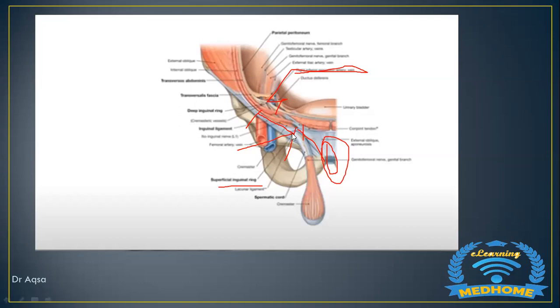On the anterior side, it is formed by the aponeurosis of the external oblique and the internal oblique muscle. Posteriorly, we have the transversalis fascia, and medially, the strength is given by the conjoined tendon.